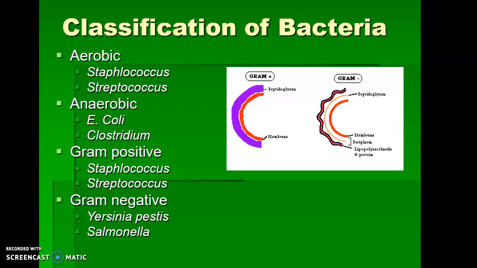So we might just go ahead and do what's called four-quadrant coverage. And these are the four quadrants. We're going to make sure that the drug or drugs that we put the animal on targets aerobic bacteria, anaerobic bacteria, gram-positive, and gram-negative bacteria. That means that we've covered every possibility.